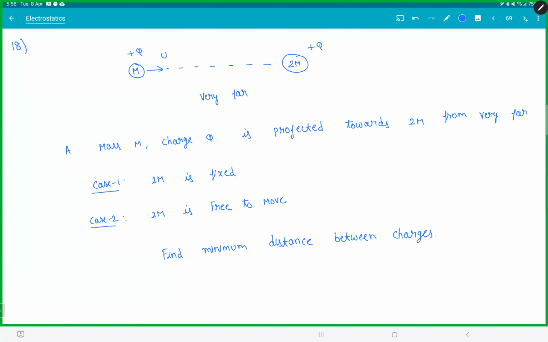Get the second one also. Think. Take a minute.